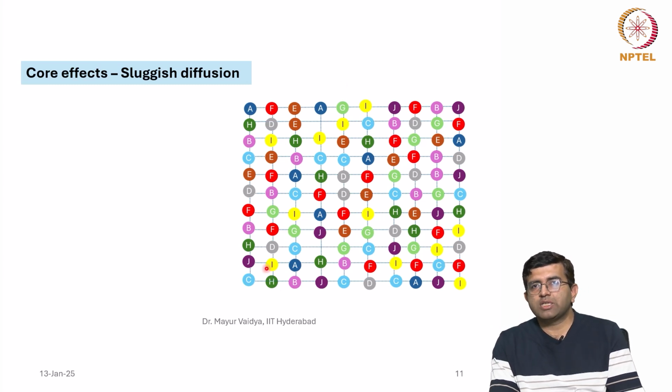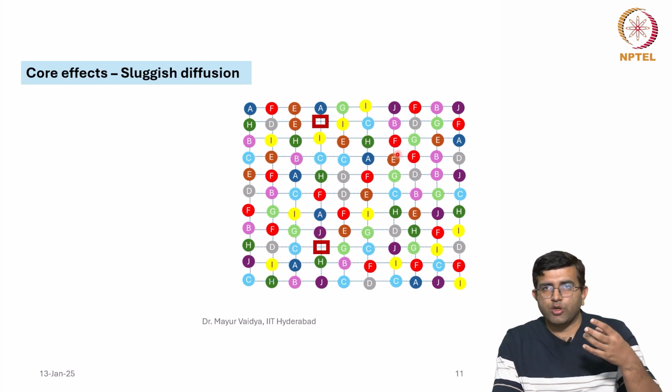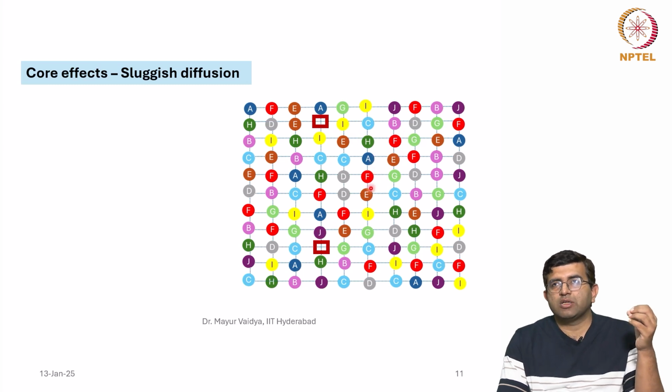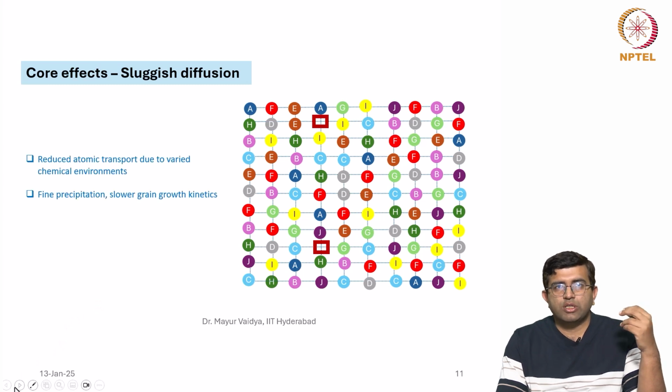For example, if this is a high entropy alloy matrix consisting of several different types of elements, and you look at these two vacant sites, this vacant site has a different surrounding than this vacant site. So, like this, your defects which are responsible for the diffusion can experience variation in the local chemical environments, which can lead to enhanced barriers. So, this is one sluggish diffusion effect that people have tried to observe.